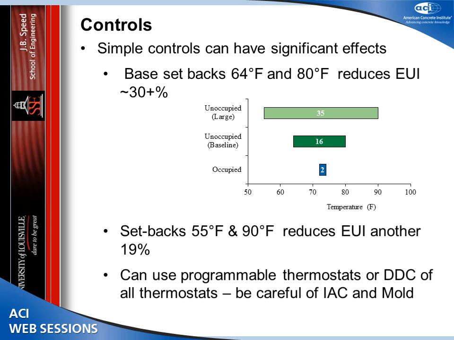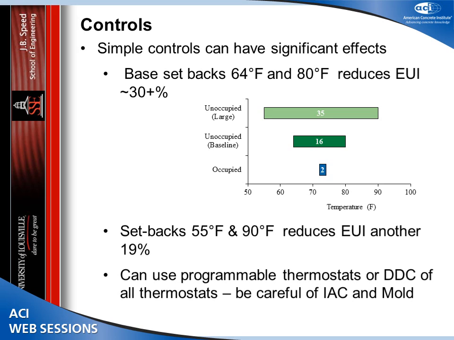Here's what I'm referring to on the setbacks. We looked at three different conditions. One was in occupied. We were at a banding around 2 degrees. When we were unoccupied, we were looking at just a 16-degree setback, where we were looking at 64 to 80 degree Fahrenheit, and then we used a very aggressive setback and went to 55 degrees and 90 degrees on those.